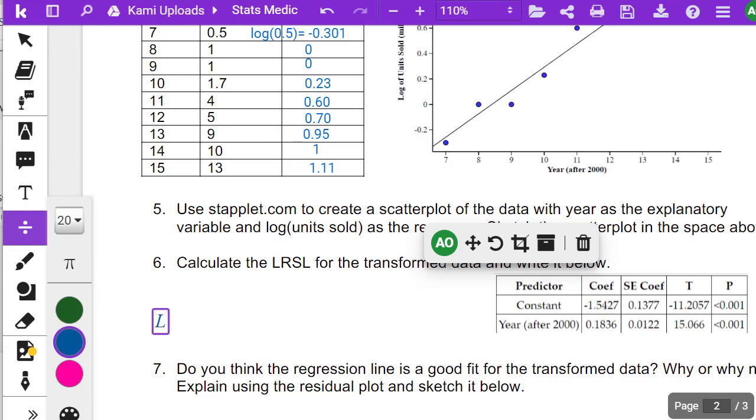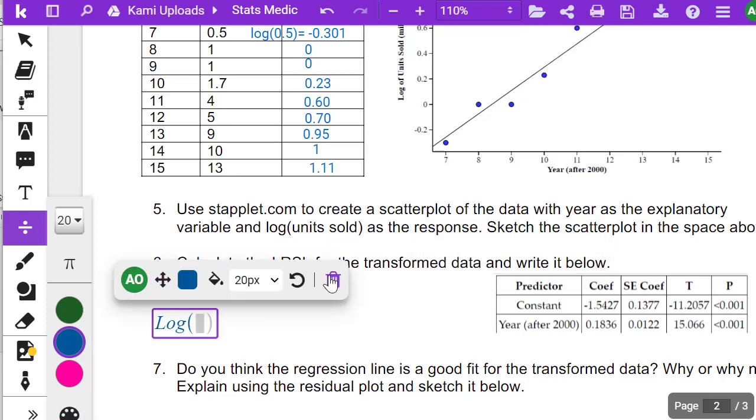Log of y hat. I'm just going to call it log of units sold, predicted units sold. Okay, I'm going to do this in regular text.